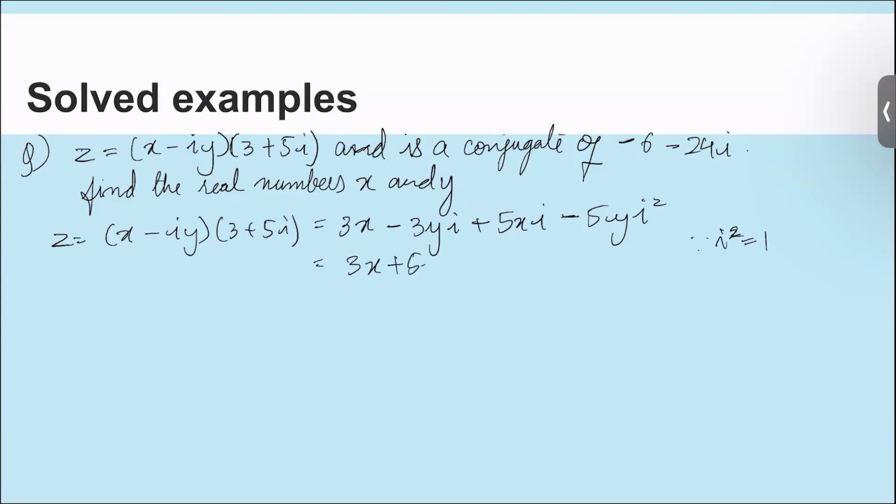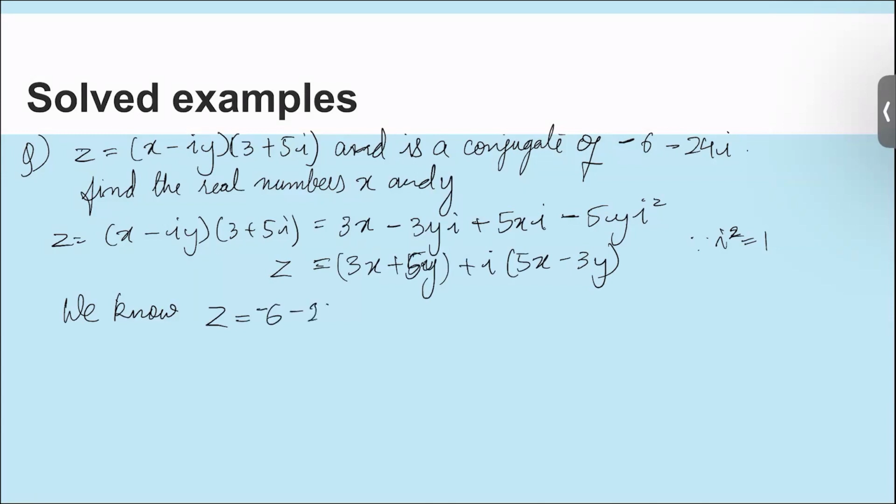Since the i goes away, we get the real parts on one side. Over here, let's take i outside, you get 5x minus 3y. Okay, so z is in this form. Now we are given that z is also the conjugate of minus 6 minus 24i, so you can write this as minus 6 plus 24i.